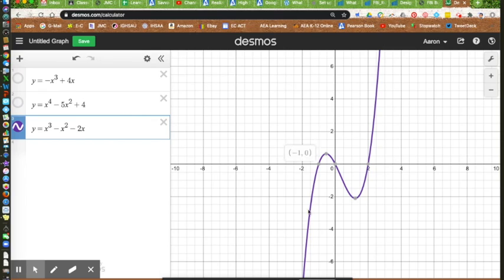So it's up on the right, down on the left. It's got 1, 2, 3 solutions, just like we expected. It's got 1, 2 turning points, also exactly what we expected to have in our odd power.